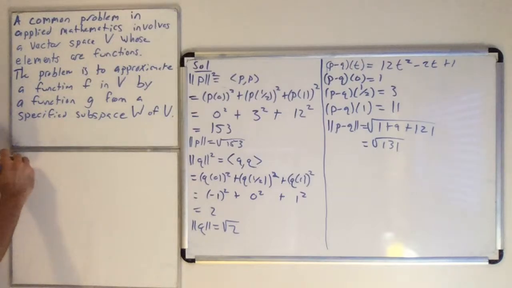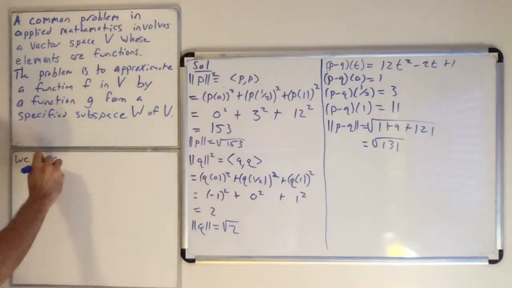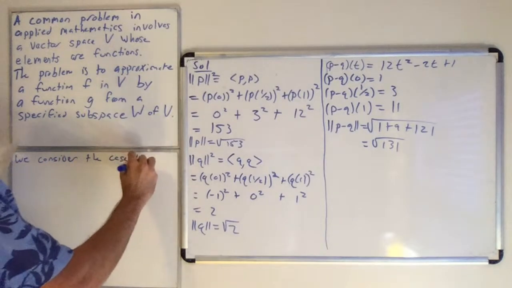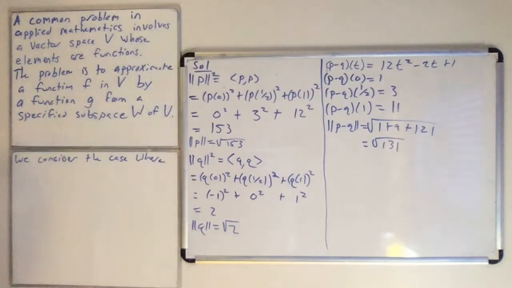Okay, so we're going to consider the case where the distance, so how far away f and g are, is determined by an inner product.